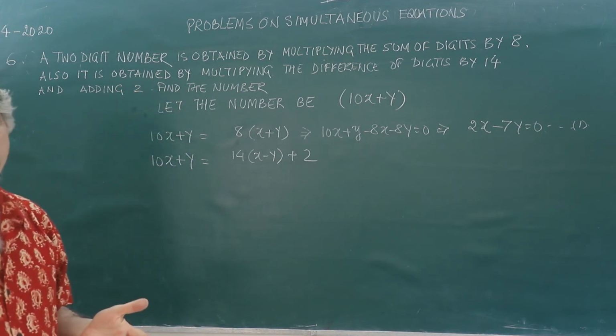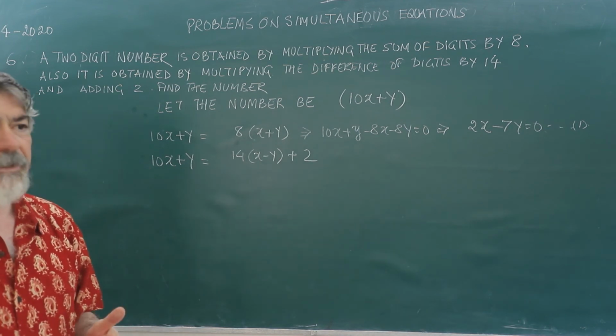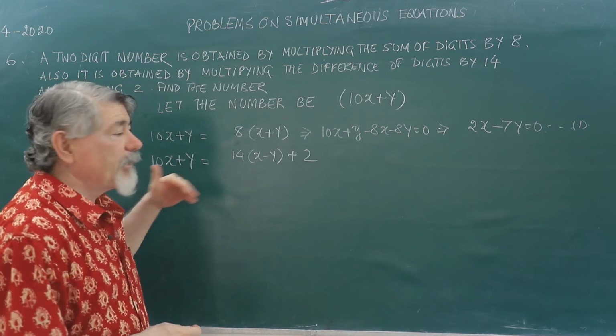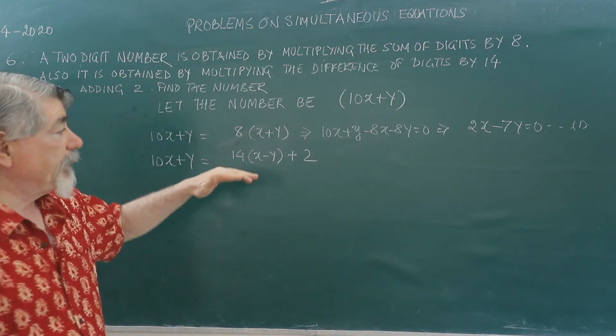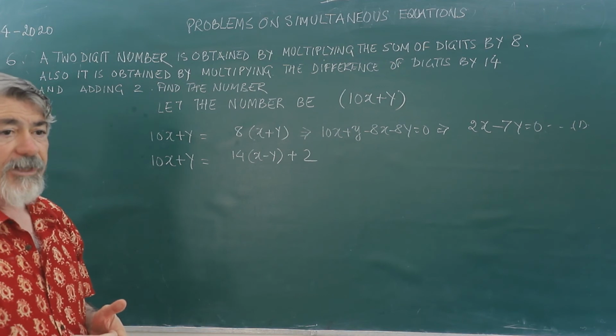So he will give you two different conditions, and by applying them you will be able to get two equations. And once we get two equations, we'll solve them for x and y.